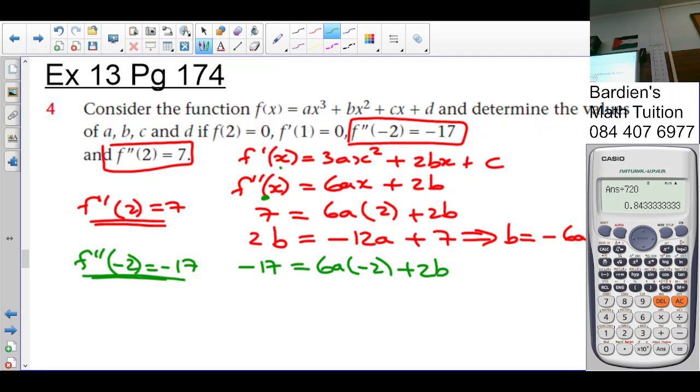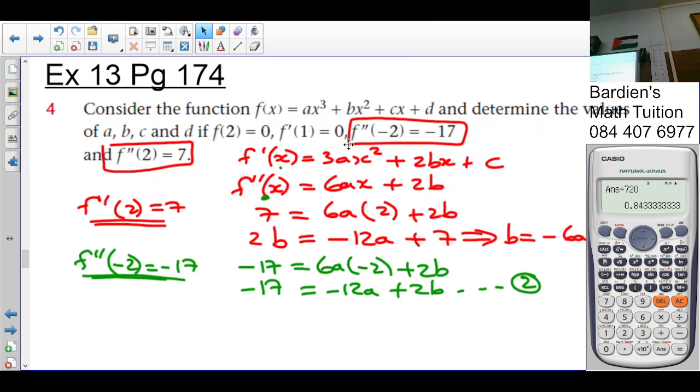That's going to give us negative 12a plus 2b is equal to negative 17, and this is equation 2. You all agree with that?